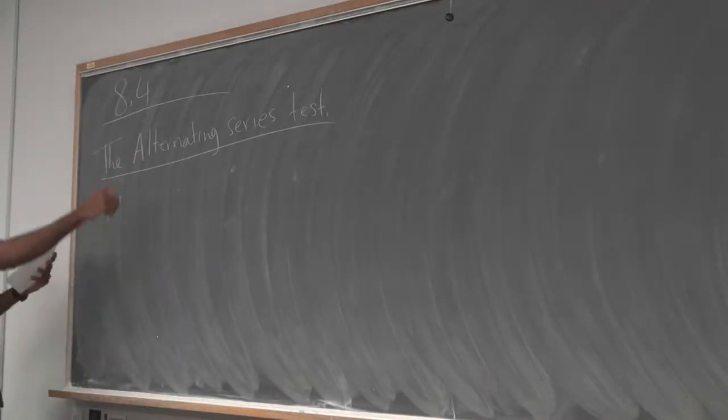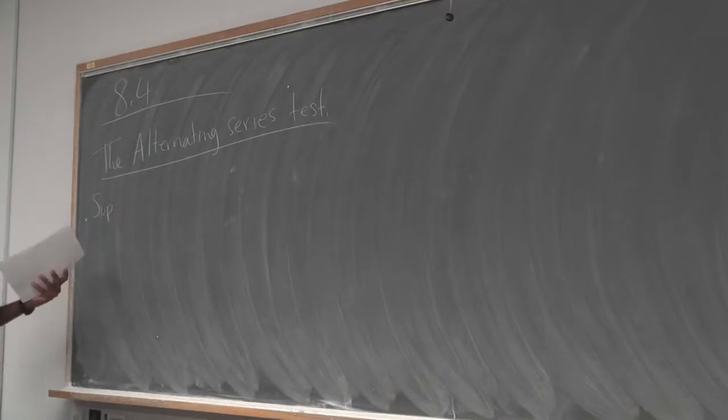In this case, alternating refers to the sign, right? So if you have a series where the sign alternates, you have an alternating series.